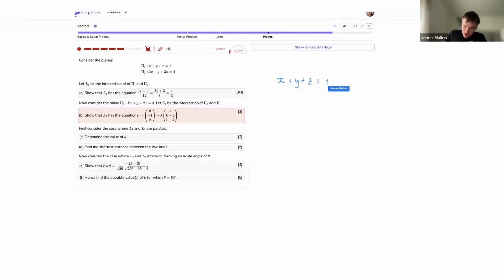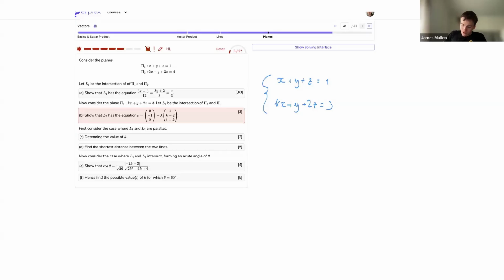That's the first plane equation. And the second equation is going to be kx plus y plus 2z is equal to 3. And I'm going to try and solve these equations simultaneously.